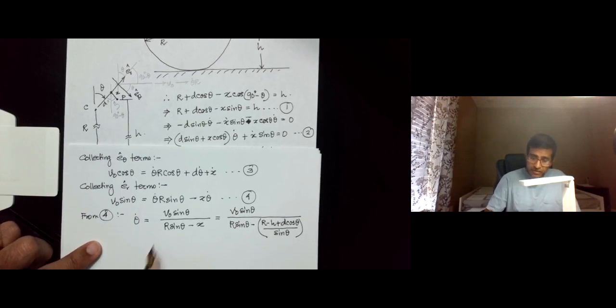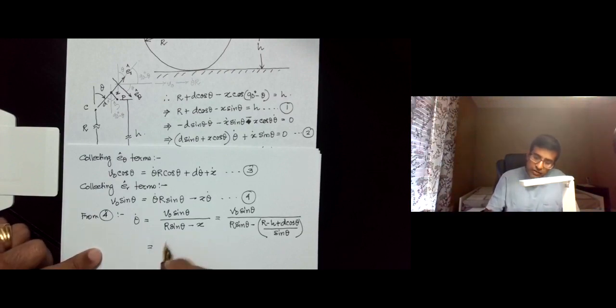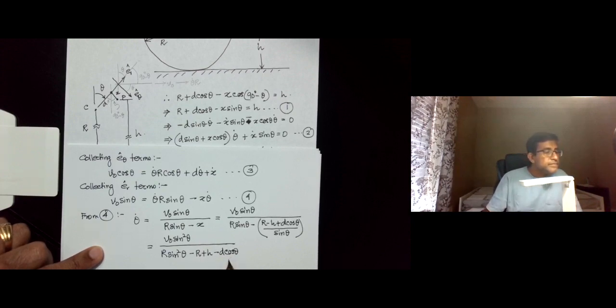So in other words, the angular velocity as a function of theta, that is, theta is the angular movement of this disk, the angular velocity is V0 sine squared theta divided by R sine squared theta minus capital R plus h minus d cosine theta. So that's theta dot.